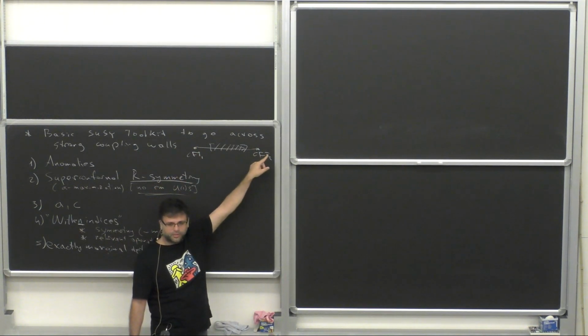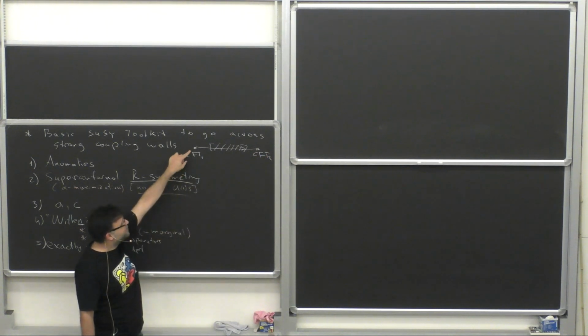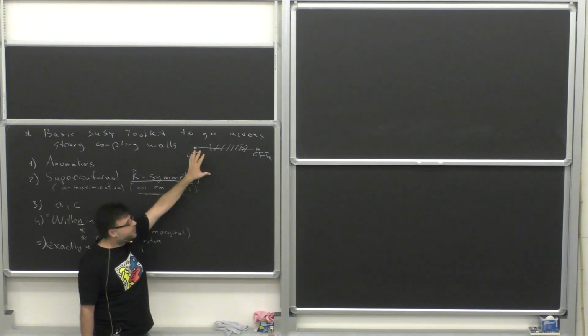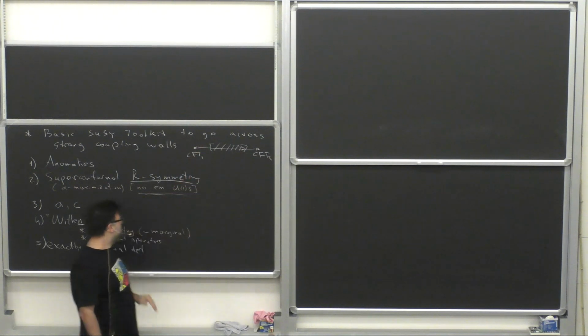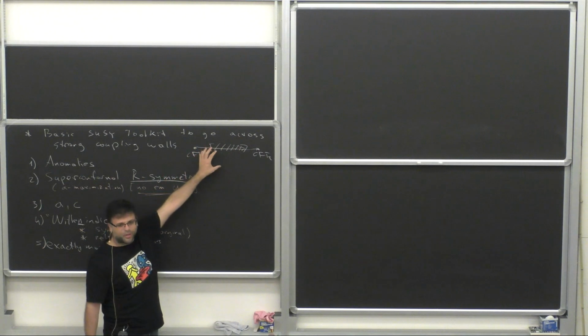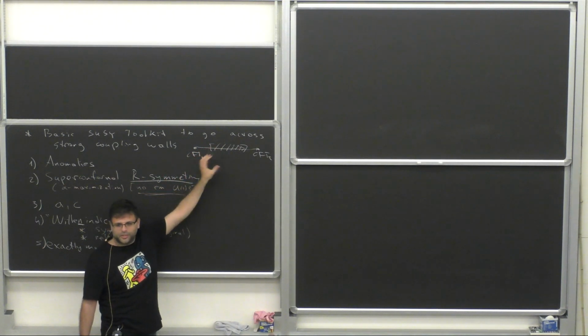When we have an exactly marginal deformation, we have a continuum of CFTs. We just continuously go between different CFTs. They are connected by a parameter. So in some sense, the case where we have parameters is kind of a continuum limit of this picture.